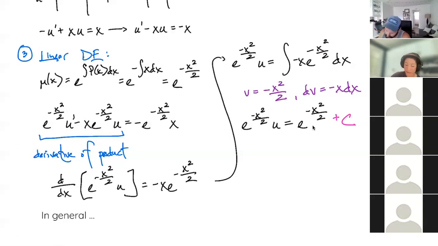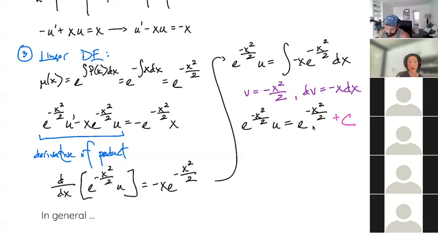All right. Now, let's go ahead and let's isolate our u. And the reason why I'm suggesting this is I noticed that that coefficient of u, that e to the negative x squared over 2, is happening on both sides.